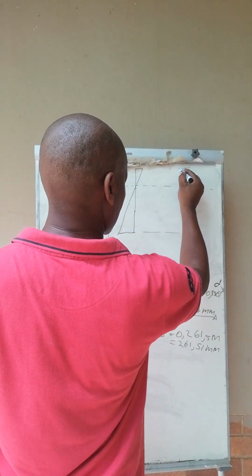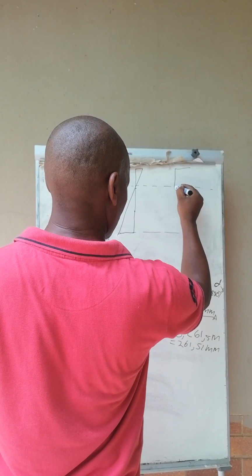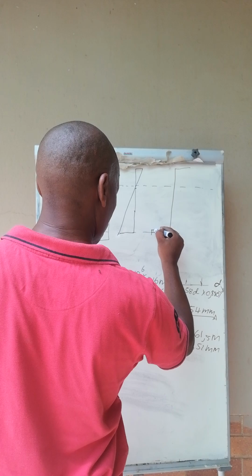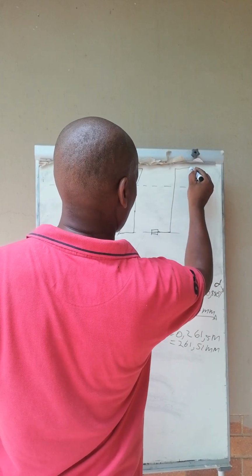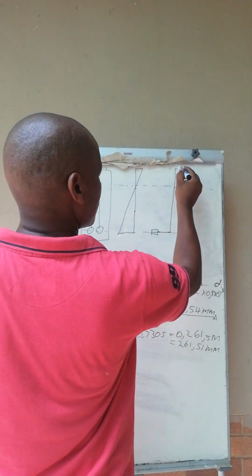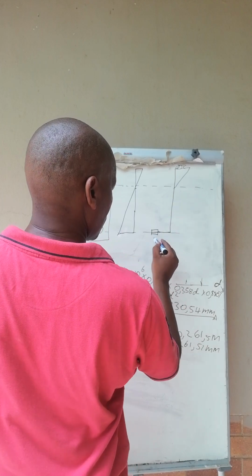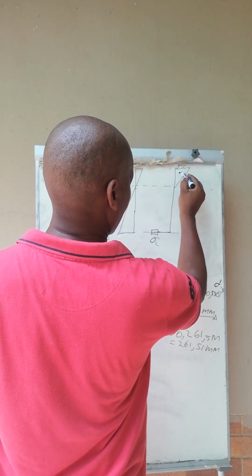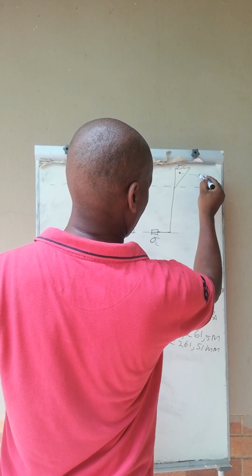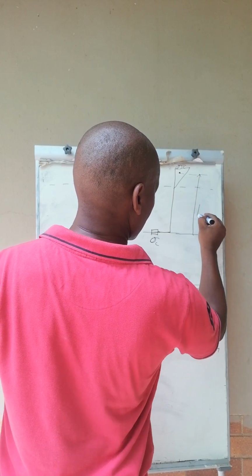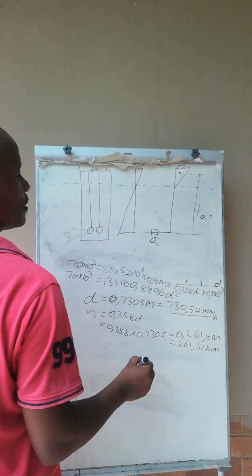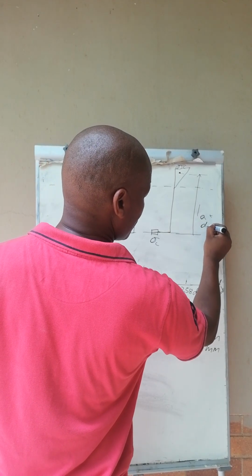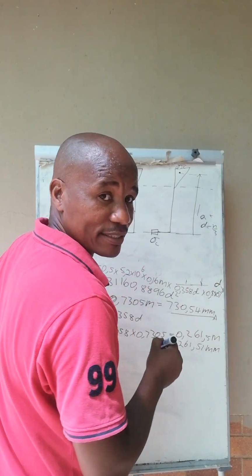And then this one is the stress diagram, and the distance from there to there is LA. Remember, it is D minus N over 3.